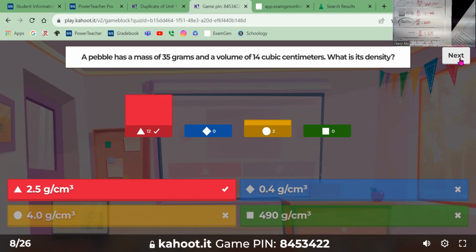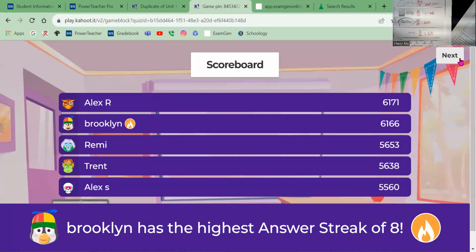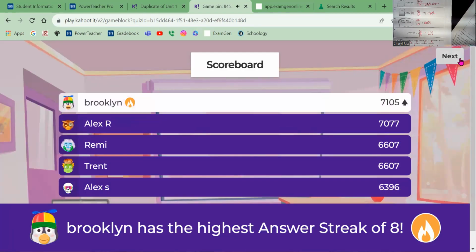Those of you who got 4, I don't even know what you did. If you did 0.4, which none of you picked, then you put the wrong one on top. What did you guys do that got 4? Did you just guess? Come on, guys. Mass divided by volume. Make the special triangle.